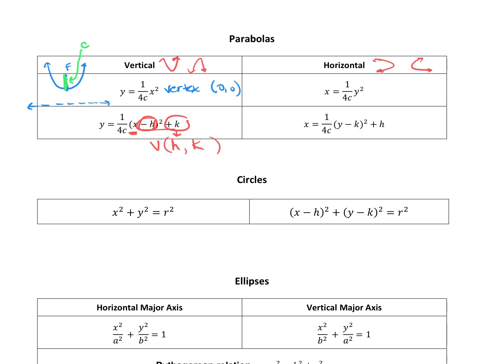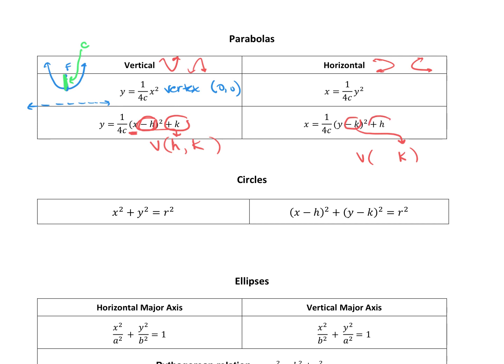All right, now this one over here, when you have a horizontal parabola, notice that inside the parentheses is the y, where over here it was the x. So what that means is that in our vertex, this number is a y value. And it's going to be tricky in the same way that x is. If that is a negative k, it would be a positive k.